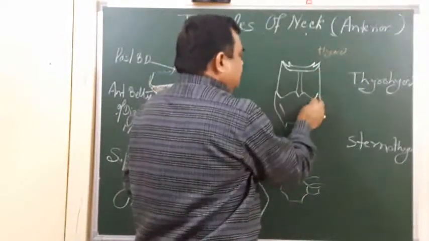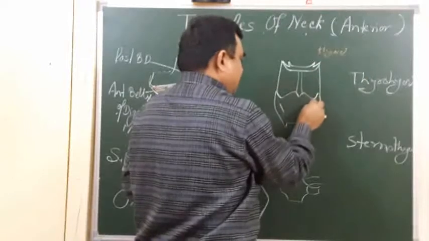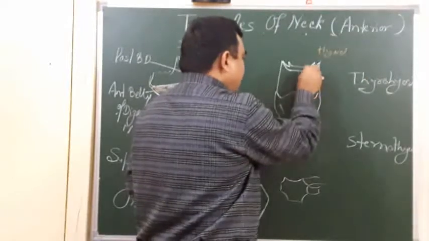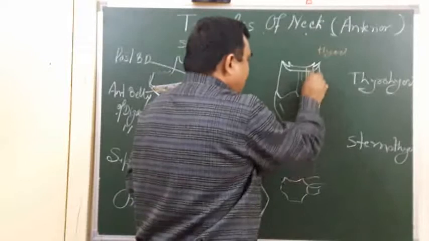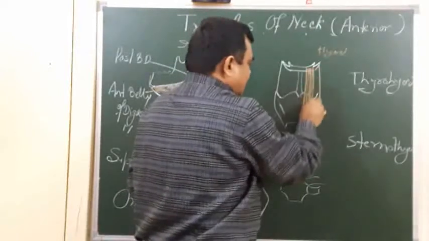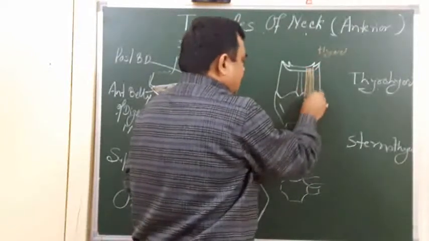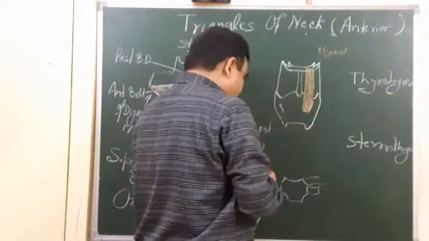One muscle is thyrohyoid. From the thyroid cartilage to the hyoid bone, this muscle is thyrohyoid.